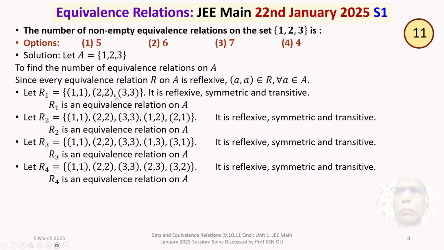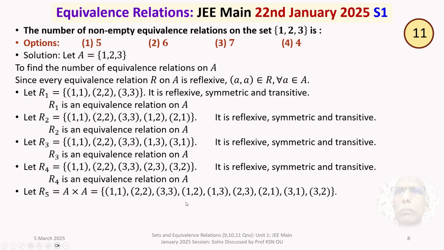So basically you have the reflexive elements, and to them we are adding. Now suppose you add (1, 2) and you want (1, 3) also. Then it becomes the whole set A cross A. So let R5 be equal to A cross A, that is 9 elements you have to write. A cross A means the Cartesian product of A with itself.